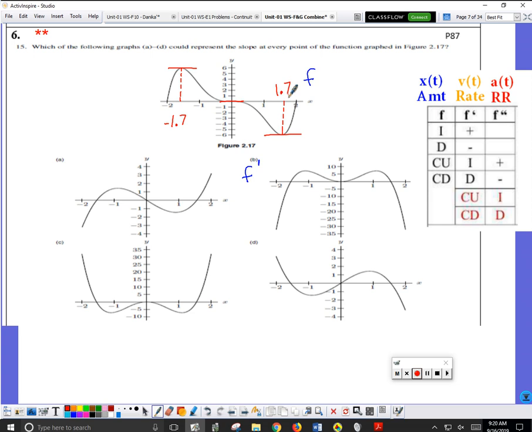That means here the y-coordinate must be 0 at those exact same x-coordinates.